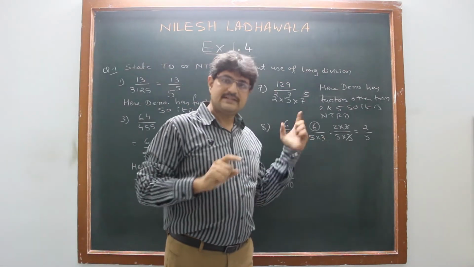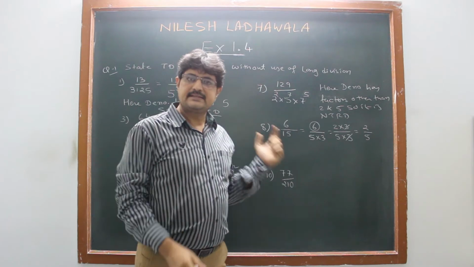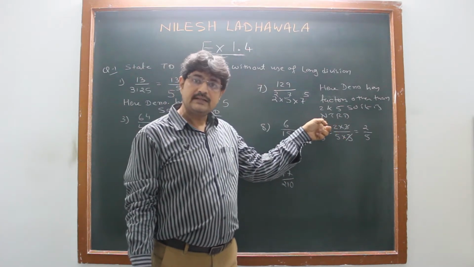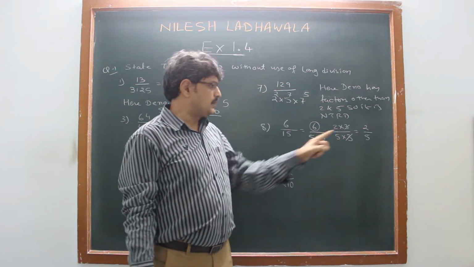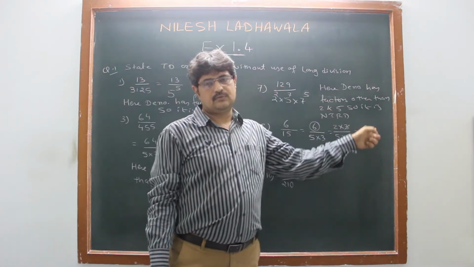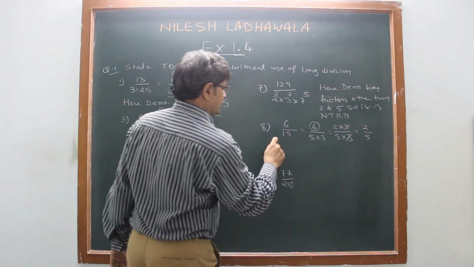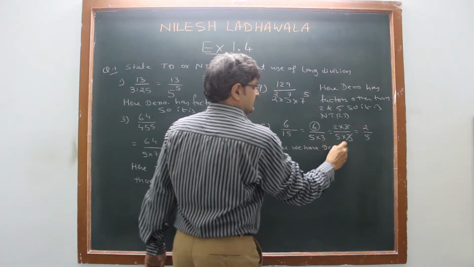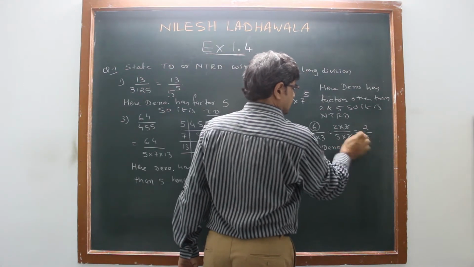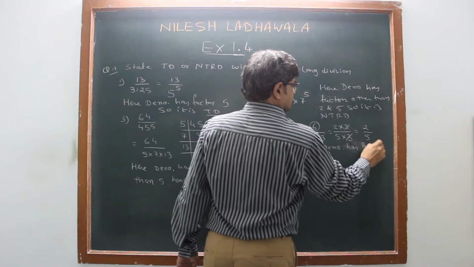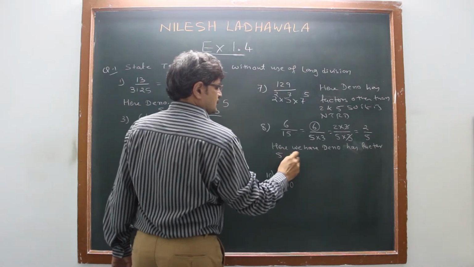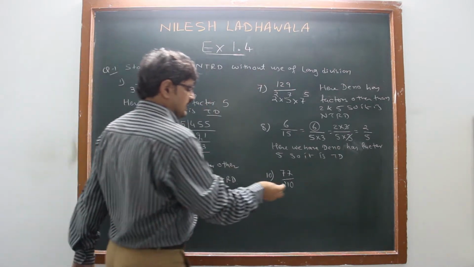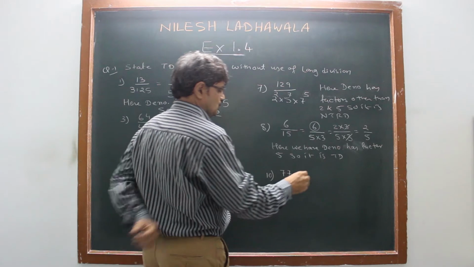So friends, you must remember that in every sum, you have to check whether any factor is common in numerator and denominator. If so, cut them and then think about it. So now the denominator has factor 5, so it is a terminating decimal.